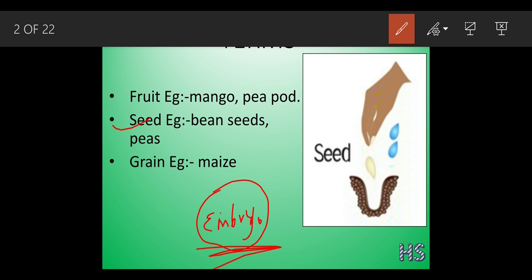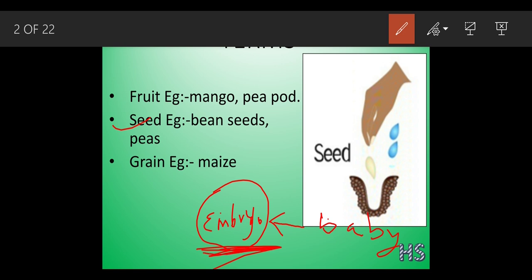What does the embryo mean? You have already heard about the embryo in the human context and in the pollination chapter. In easy language, a baby formed inside the seed is called the embryo, which, when it gets the proper amount of nourishment, will turn into an adult.